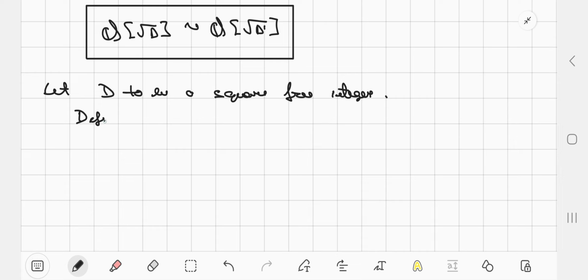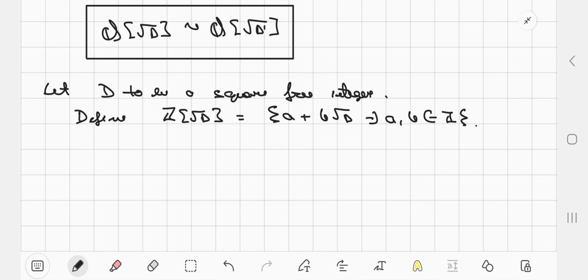Define Z root D to be the collection of all elements of the form a plus b root D such that a, b are integers. Now clearly Z root D is contained in Q root D.